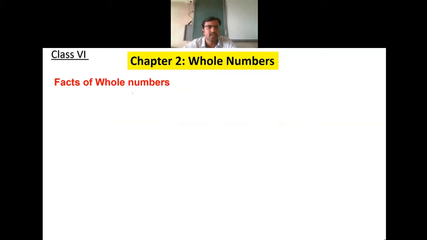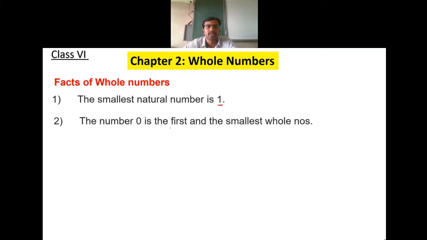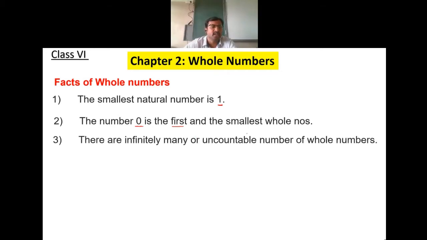Now, there are certain facts you must know related to whole numbers. The first fact is the smallest natural number is 1. This 1 is also a whole number, but the smallest natural number is 1. And the smallest whole number is 0. This 0 is the first whole number and it is the smallest whole number. There are infinitely many, or uncountable, whole numbers. It means that the set of whole numbers is an infinite set.